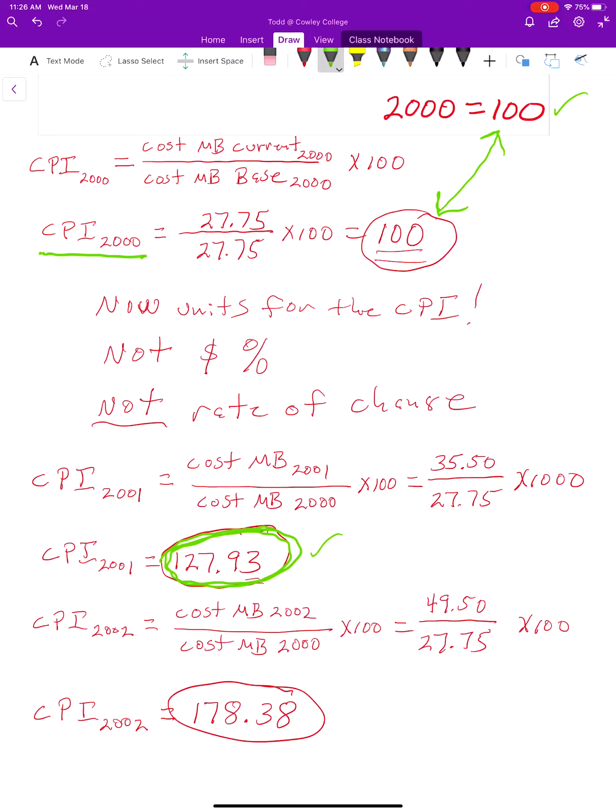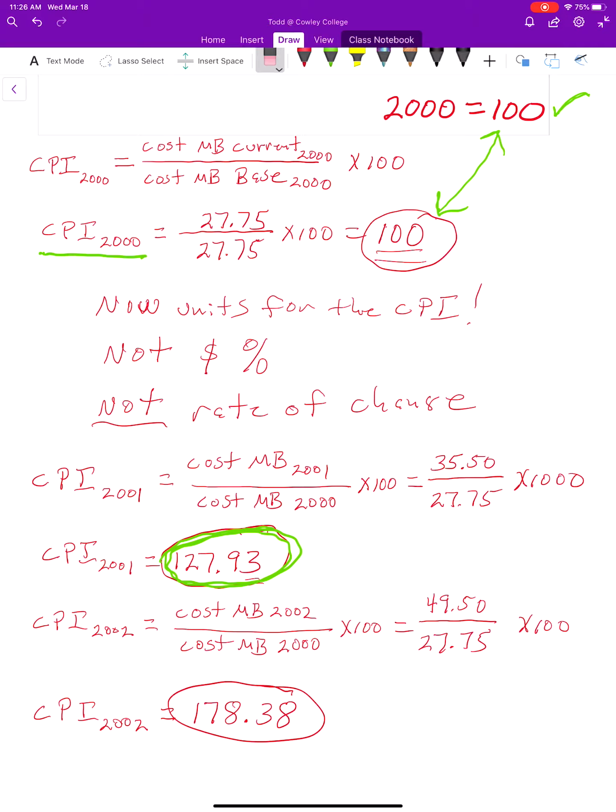Let me say that again. If the market basket would have cost us $100 in the year 2000, the same market basket will now cost us $127.93 in the year 2001.